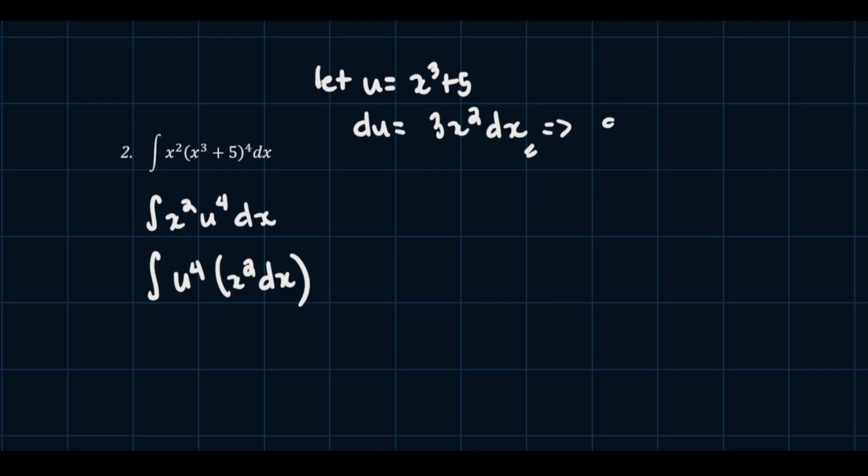If we divide everything by 3, we get du over 3 equal to x squared dx. Now, since napalitan na natin, or nagkaroon na tayo ng x squared dx dito, pwede na actually nating palitan itong x squared dx dito ng du over 3.